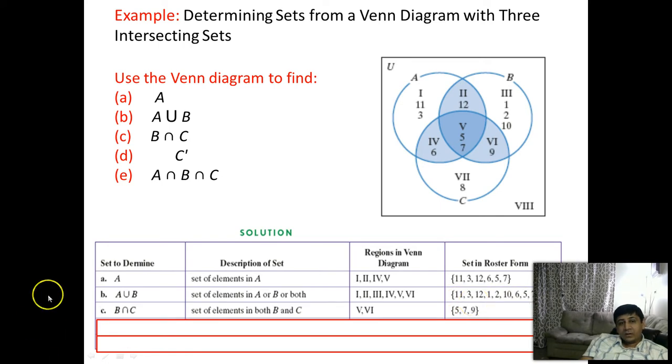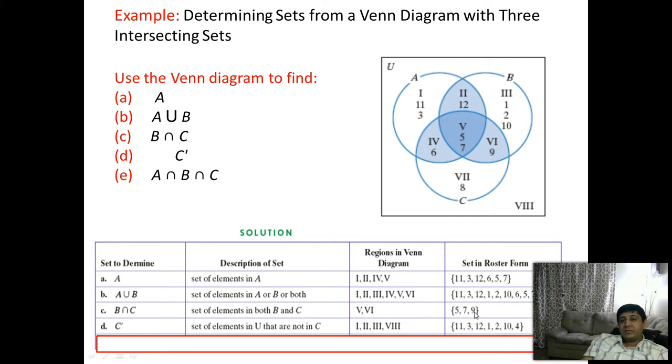Now, if you want B intersection C, what are we looking for? We are looking for elements common to B and C. This is your B, and this is your C. What is common to both? Regions 5 and 6, so that is 5, 7, 9. That is the roster form, your solution.